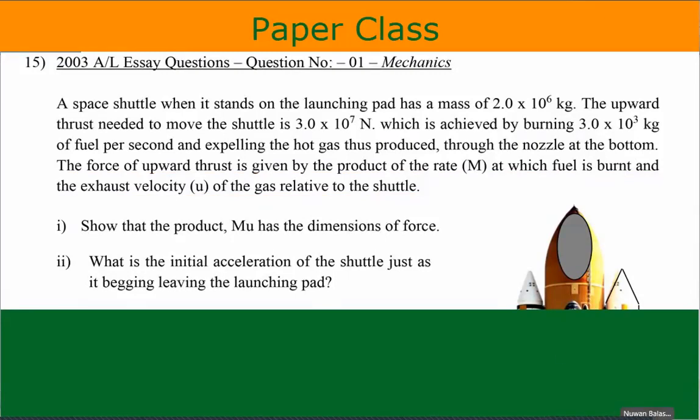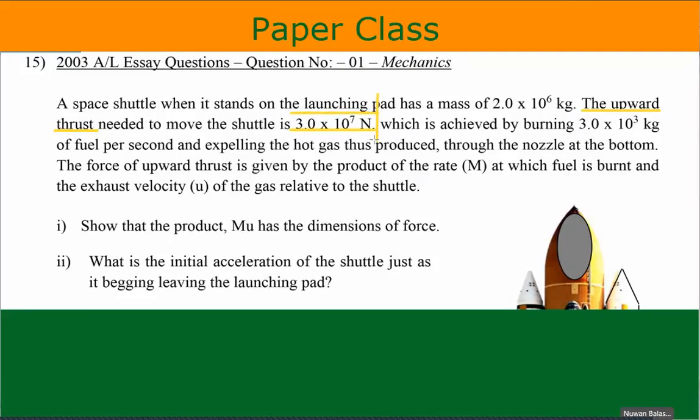In this question, they said that the upward thrust needed to move the shuttle is 3 into 10 to the power 7 Newton, which is achieved by burning fuel. So what is the force acting on the shuttle? They have given the force acting on the shuttle indirectly.